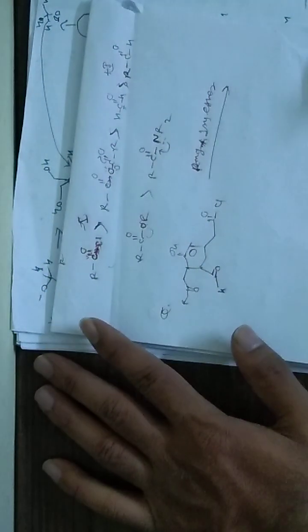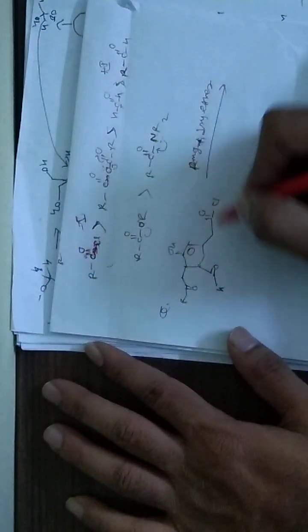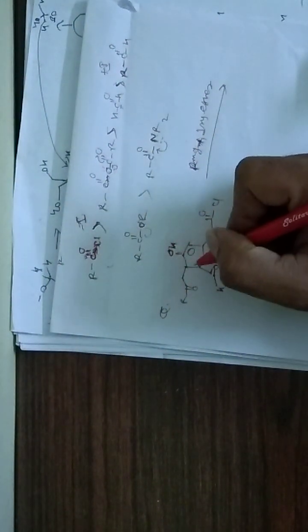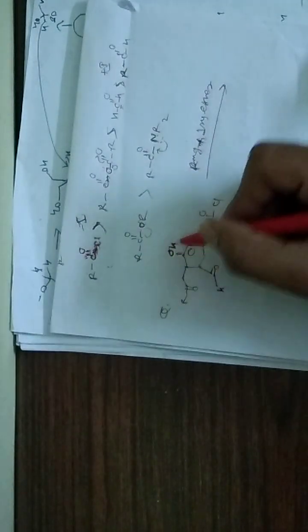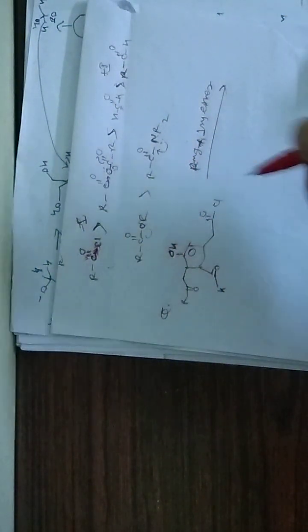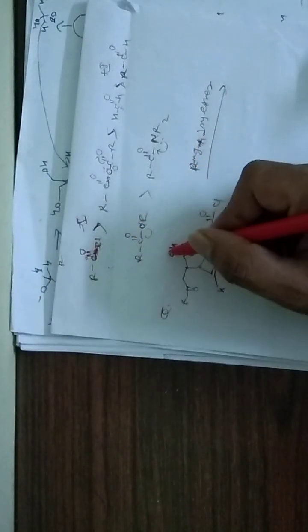Then preferentially, what will happen? Here there is no acidic proton. If you see here, which one is the acidic proton? This one. See, this is so much complication. This is the acidic proton. Why? I already told you that alcohol is acidic for Grignard reagent, and again this will form a phenoxide ion, which is very well stabilized by that benzene ring.